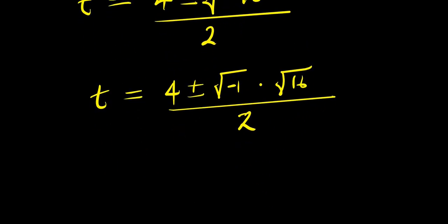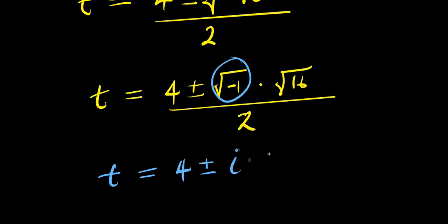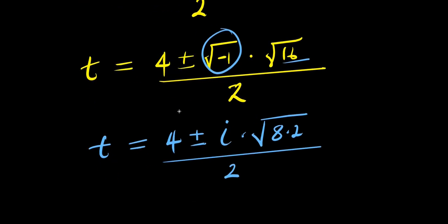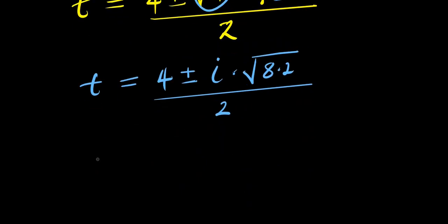So from here, we are going to have t equals 4 plus or minus square root of negative 1 is i, times square root of 16, divided by 2. We can separate this square root.